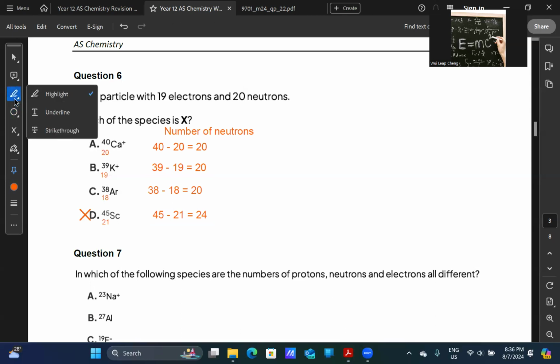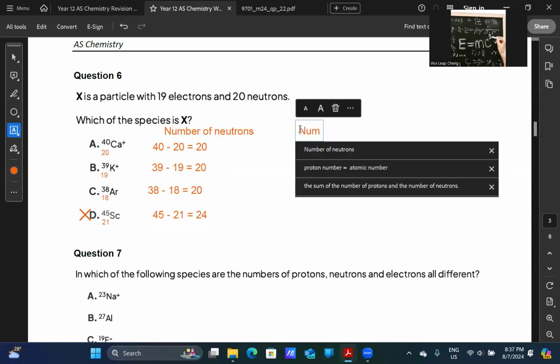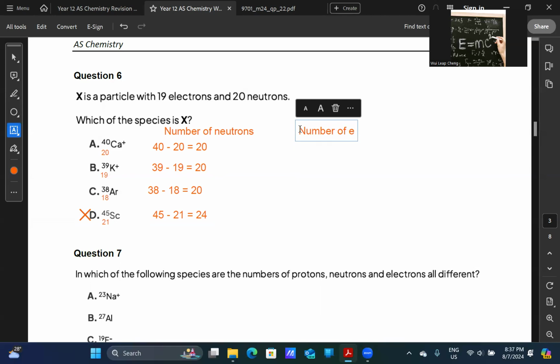Okay. And let's continue to find the number of electrons. To find the number of electrons, as you know, the symbol here is 1 positive. It tells you that it loses. Okay, when you see the symbol is positive, it means it loses. Loses how many? Loses 1. So 20 minus 1 is 19.